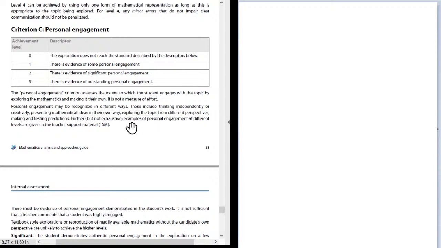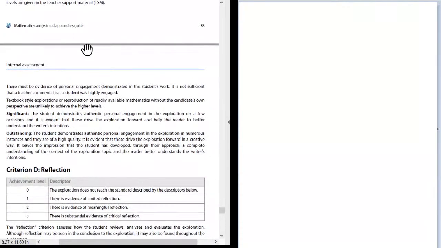Additional examples of levels are given, which I don't have. There must be some evidence; personal engagement alone is not sufficient. The teacher can say, oh, so and so was very engaged.